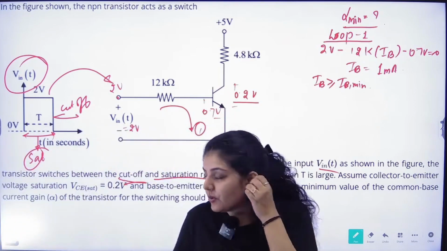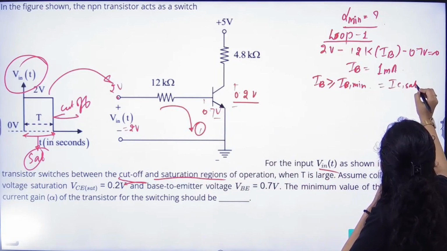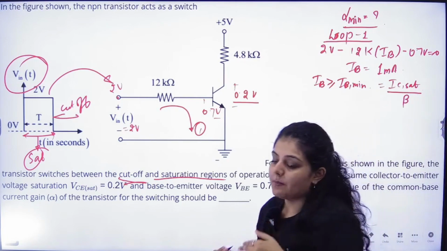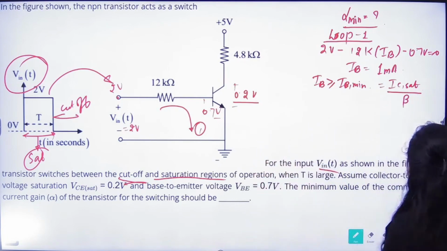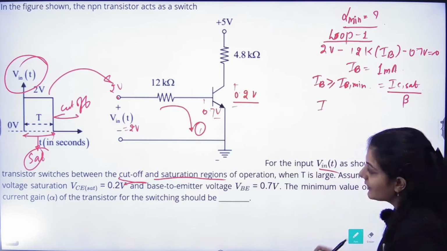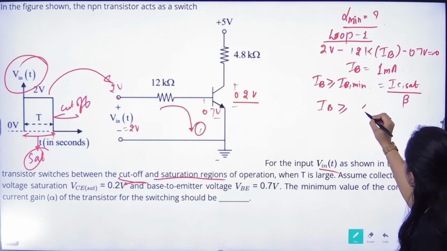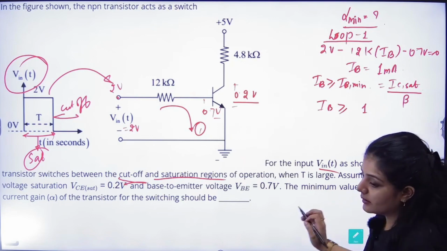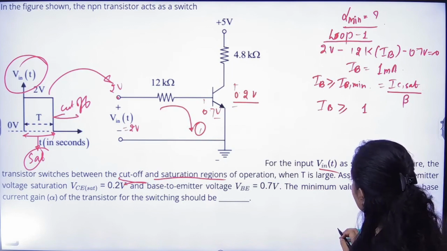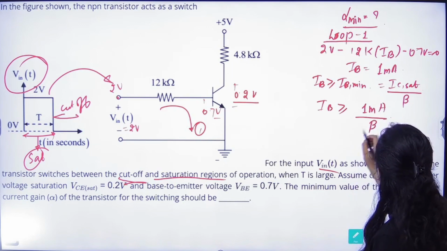IB minimum is equal to IC saturation divided by beta. So IB should be greater than IC saturation, which is given, 1 milliampere divided by beta.